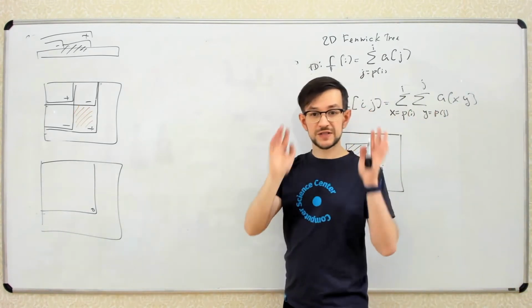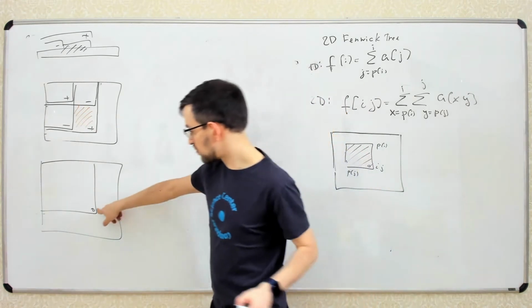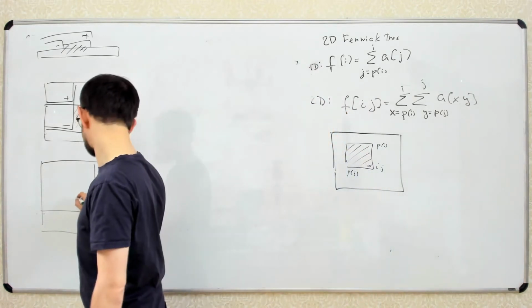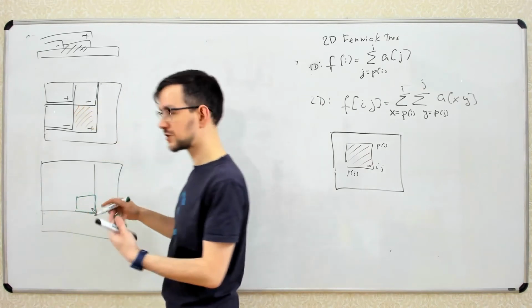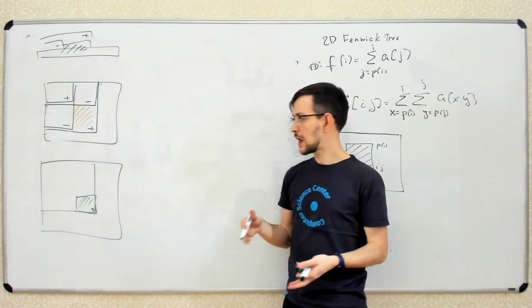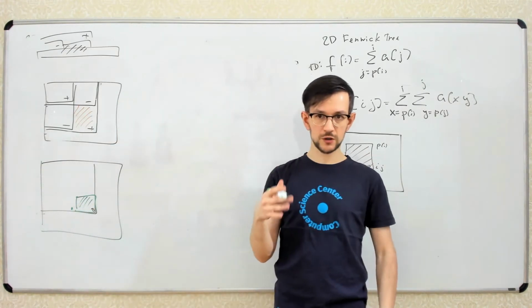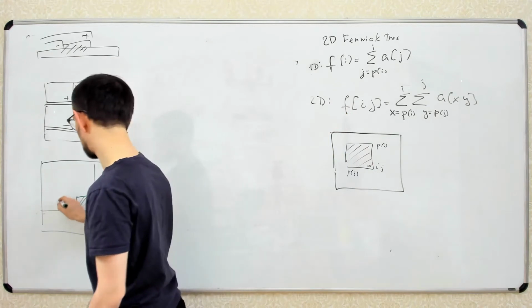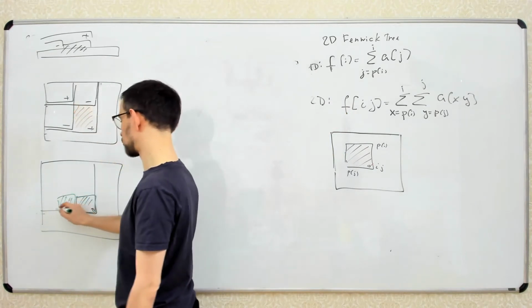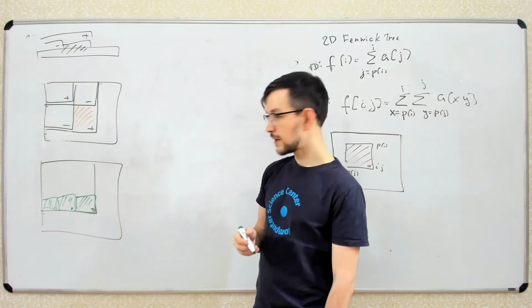How to do it using these pre-calculated sums? Again, you do it the same way as in Fenwick trees, but do it twice. You start from this point. This point contains the sum of some rectangle. You add it to your result, and then move to this point. You have another rectangle, add it, move to this point. That's all.